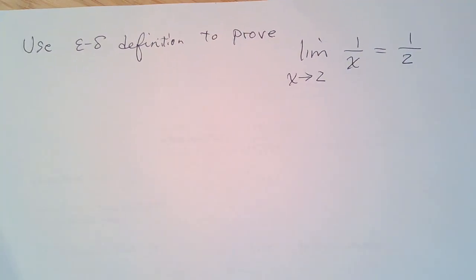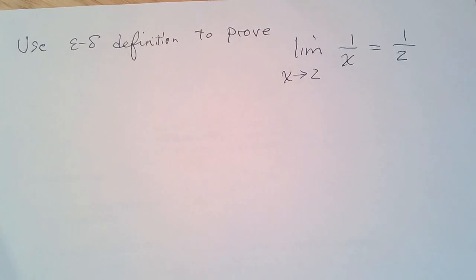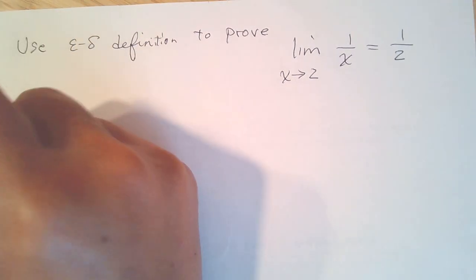Use this definition to prove this. That means you want to show that for each positive epsilon, there exists a delta such that the function value minus the limit is less than epsilon whenever x is within delta of 2. So prove it.